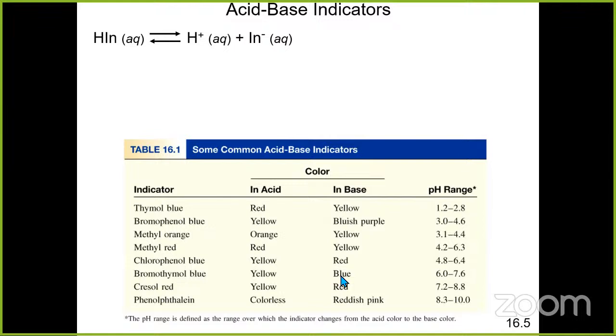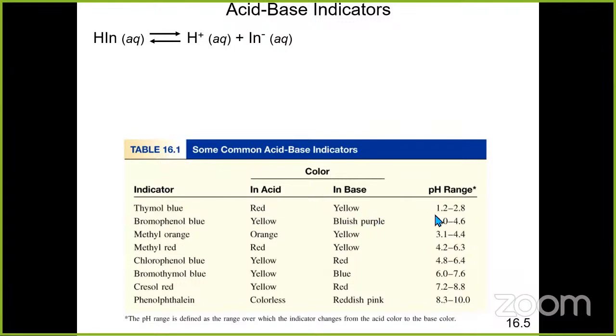And what you're looking at here is a list of different indicators and the different colors that they will have in acid or base. And one key thing I want to point out here is that there's a pH range within which there'll be a changeover from one color to another, right? So for example, taking the first one here, thymol blue, it will be red in acid and yellow in base.